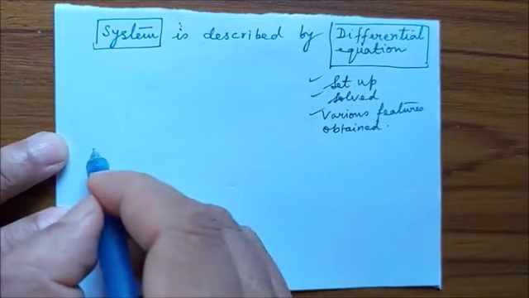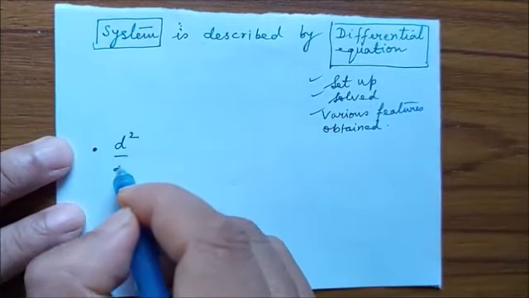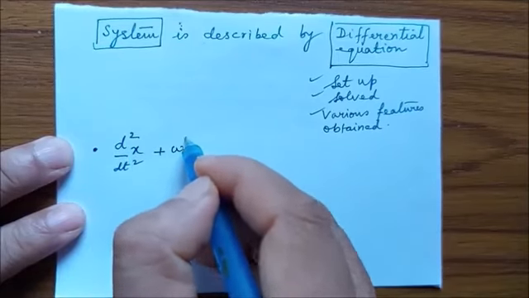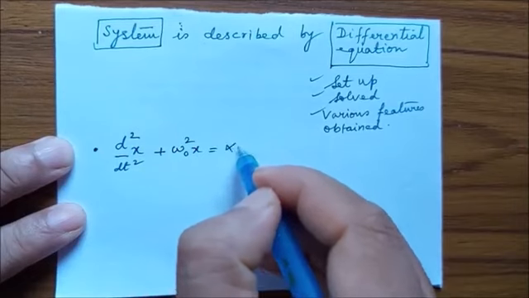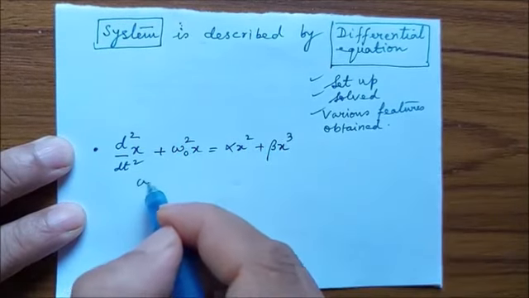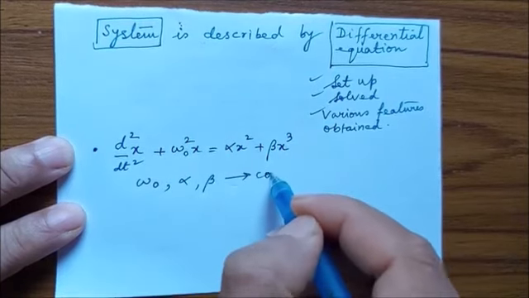Let us consider a differential equation, say, where omega 0, alpha, beta are constants.